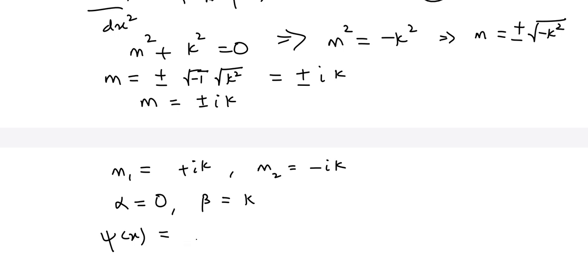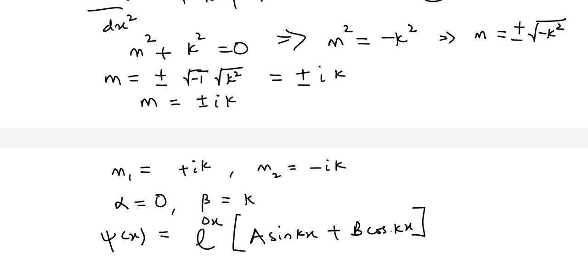The real part in our case is 0, so e to the 0 times x, into bracket, a sine of the imaginary part, which is k, so kx, plus b cos kx. So this is what we have in our case.